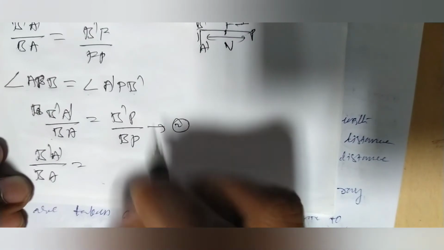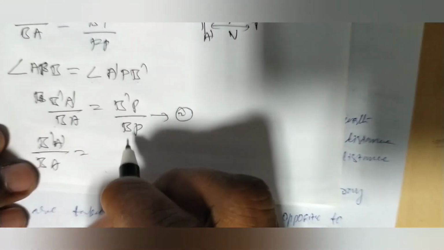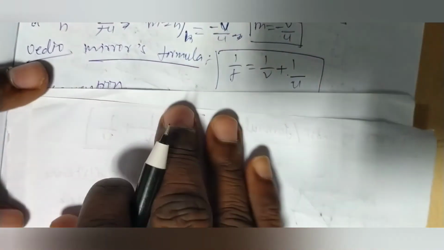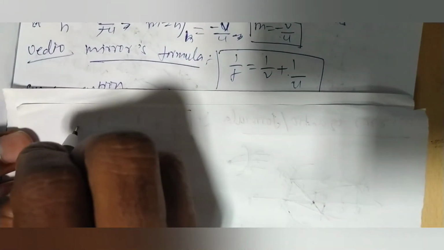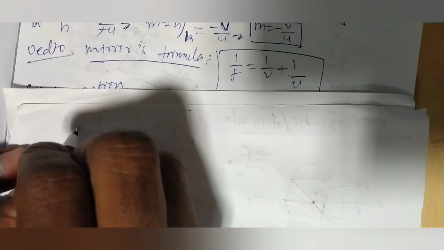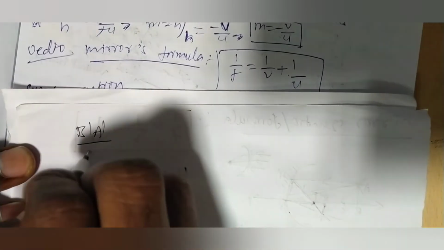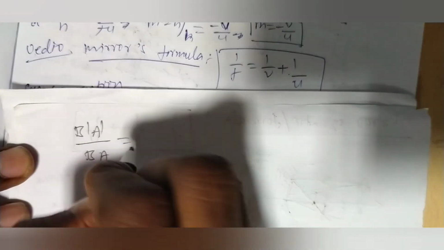This is equation number 2, and this is equation number 1. From equation number 1 and equation number 2, we can simplify by comparing both equations, that is B dash A dash is equal to BA.